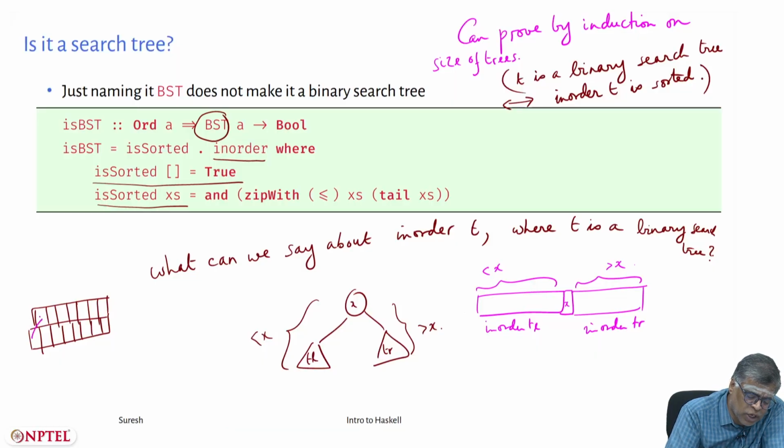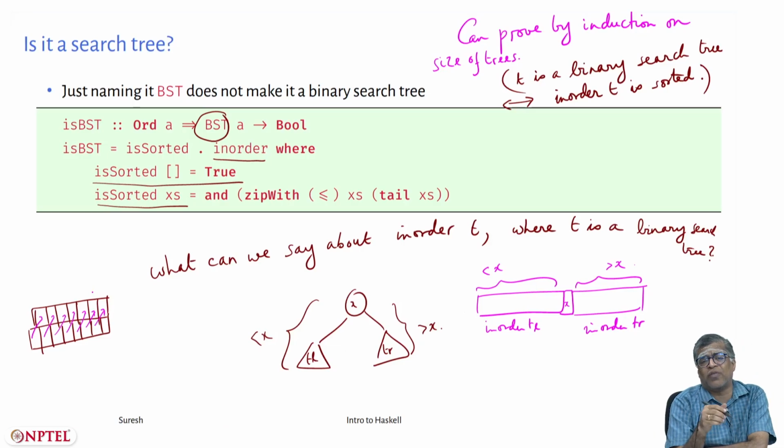I am comparing the first element with the second element, the third element with the fourth element, the fifth element. I am doing these comparisons and checking whether less than or equal to holds between these things. So if less than or equal to holds for everyone, then it means the first element is less than or equal to the second element, which is less than or equal to the third element, etc.